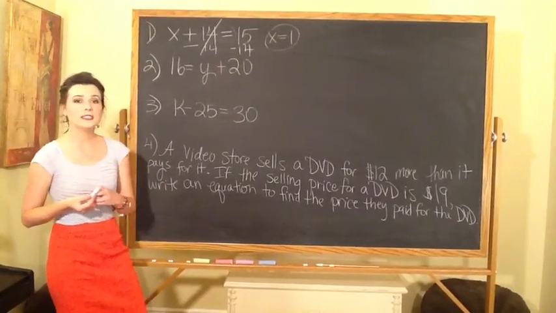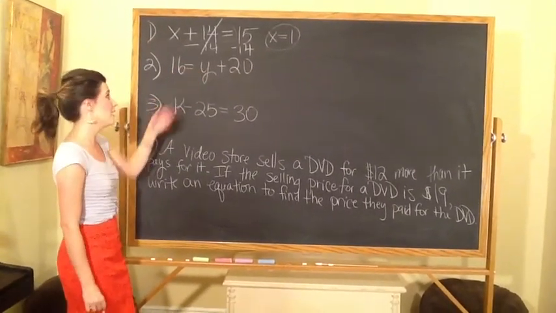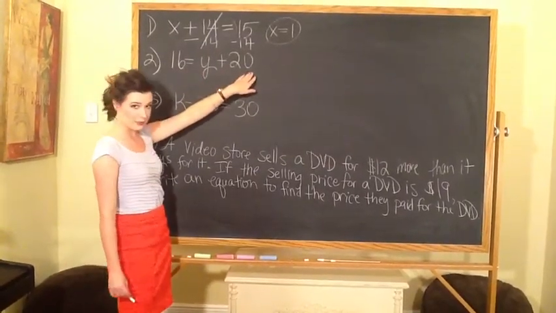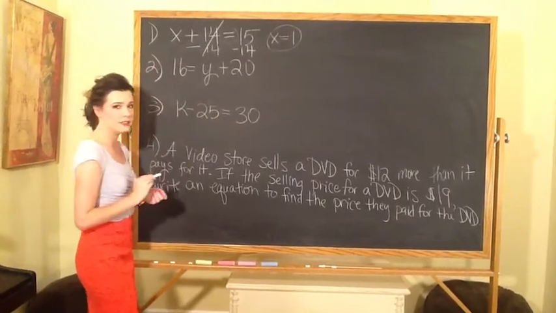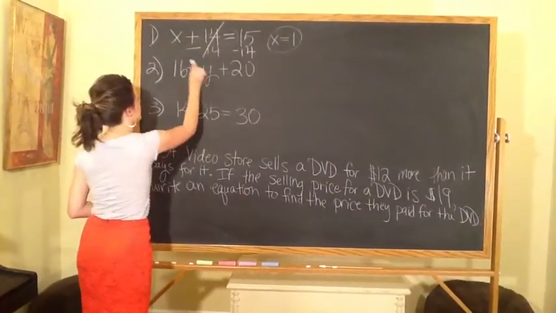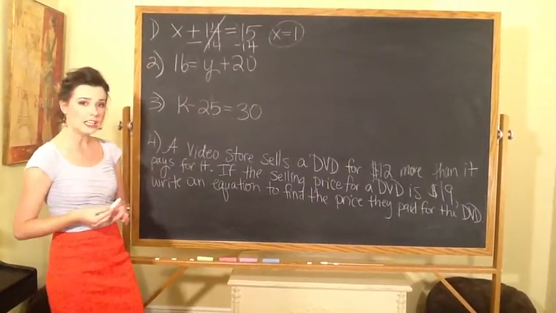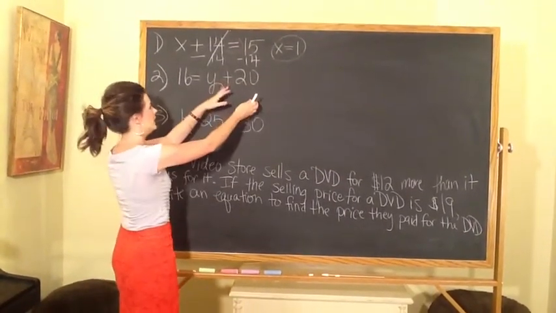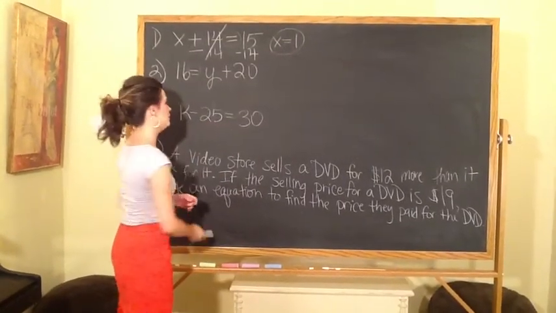Alright, let's look at example number 2. We're going to do the same process because we want to solve for y. It says 16 equals y plus 20. This equation tells me that this side is equal to 16 and this side is equal to 16. I know that because of this equal sign. So I'm going to use the subtraction property of equality to cancel out what I don't want over here and over here, so I can figure out what y is equal to.